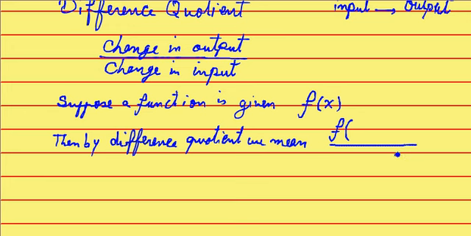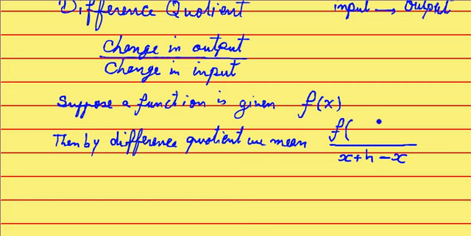Suppose originally our input is x, later on it increases to say x plus h. It's the customary way of showing the increase. At the beginning you were x, later on it became x plus h, and then if you want to find out what's the difference, well, you subtract the two of them.